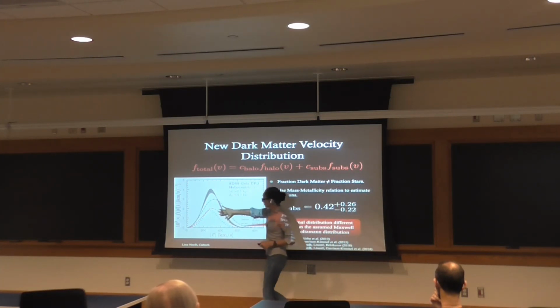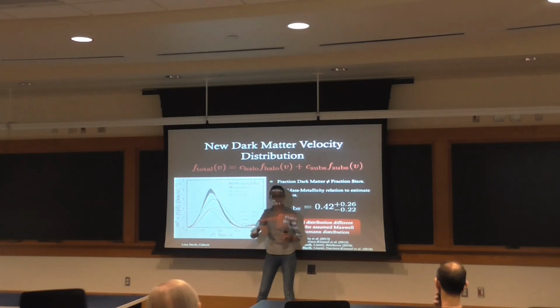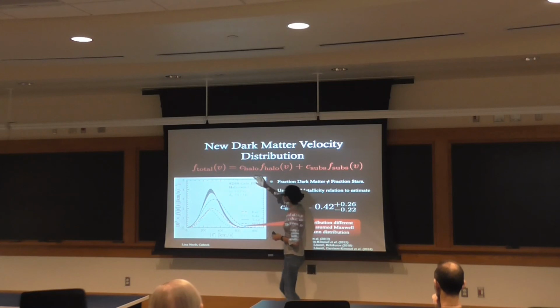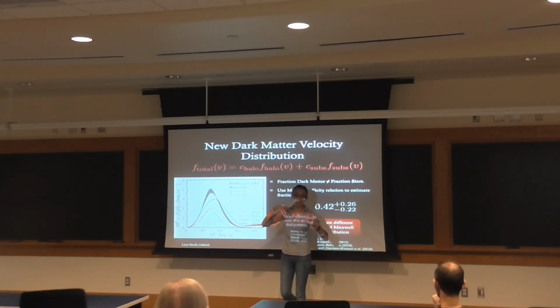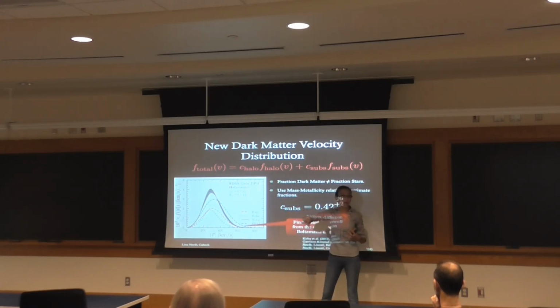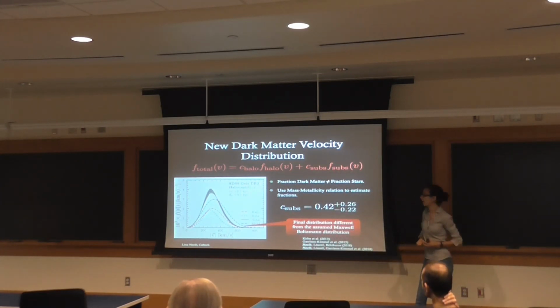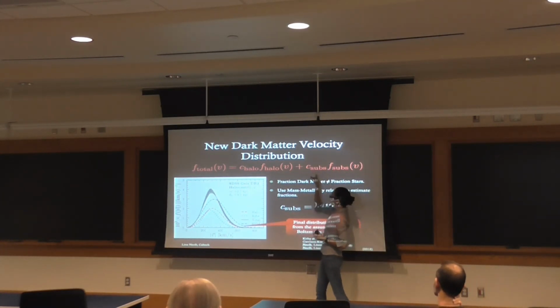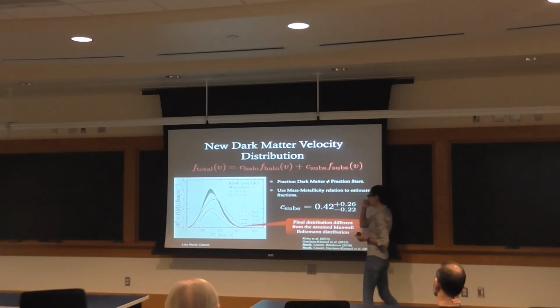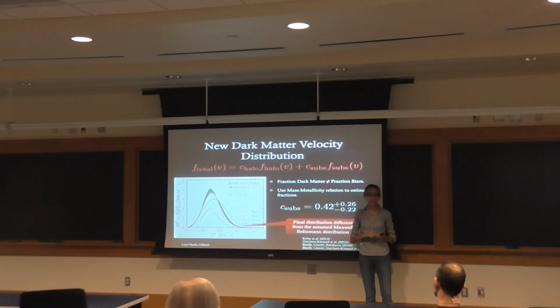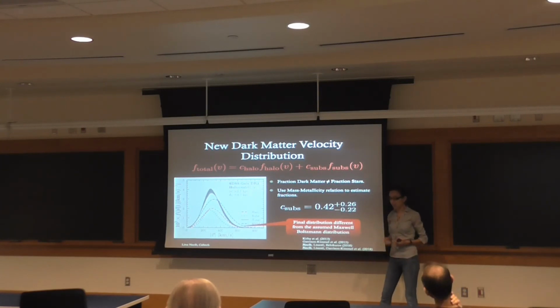So this is now the speed distribution. We're not looking into particular components. I'm going to have a component from the halo, which is what I'm referring to as the relaxed old component, and a component coming from the substructure, or the Gaia sausage. To get these factors, I use the mass metallicity relation that I showed earlier in conjunction with abundance matching.